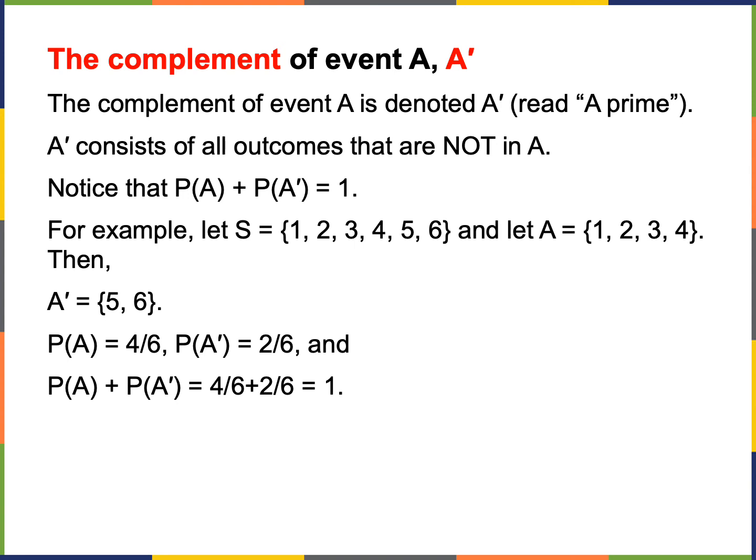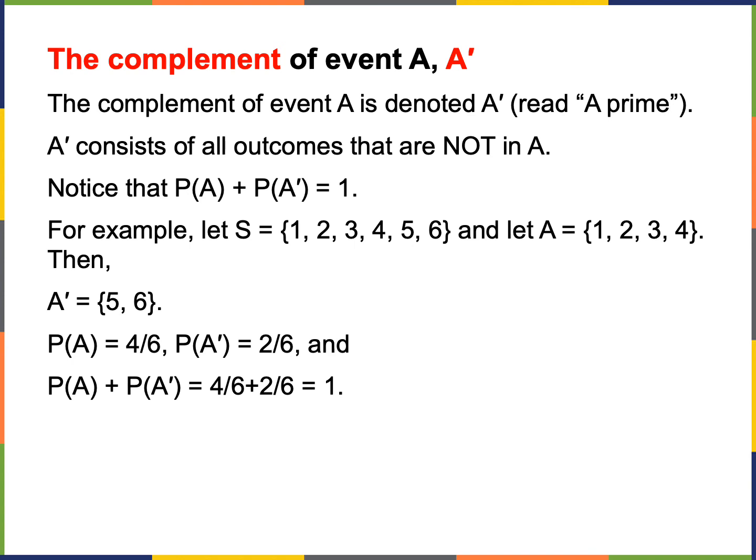Now, if I add these probabilities together, I would get everybody, because the union of A and its complement is the whole sample space, okay? The probability of A occurring is 4 out of 6. The probability of not A, or the complement of A, occurring is 2 outcomes out of 6 total. So if I add these two together, 4 out of 6 plus 2 out of 6, I get 1.